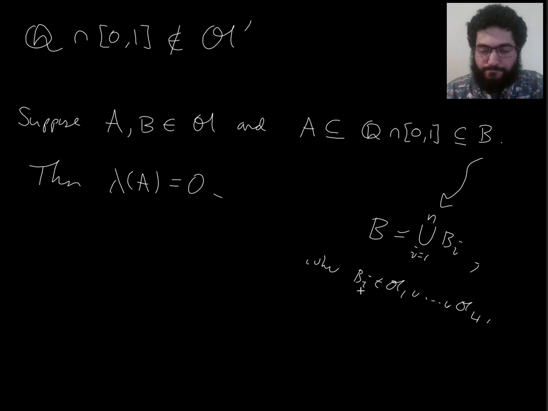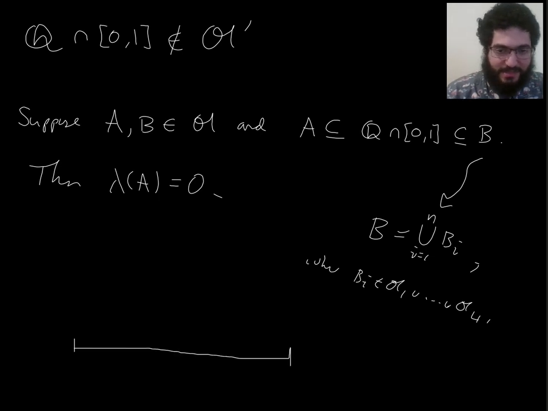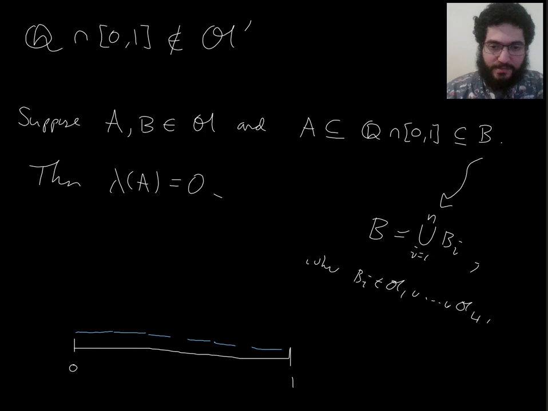Okay, so let's draw a picture for this. Let's say this is the interval [0, 1]. Then these B_i are sub-intervals of the interval [0, 1]. And let's say they look like this: B1, B2, B3, and then maybe there's a gap, B4, B5, maybe another gap, something like this.